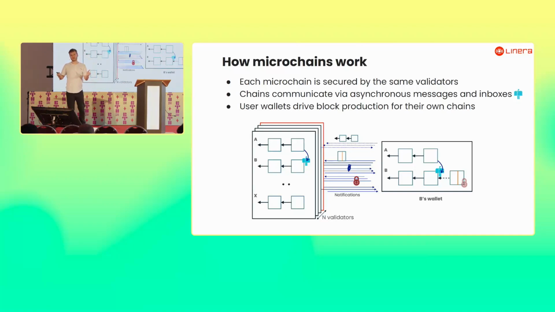Please validate this block and give me back a signature. And so in the simplest cases, you only need to do that. Once you get a quorum, that's it. Your block is final, and you can just broadcast it back to the validators. And then the validators are going to execute your block. And then they can notify other users if they receive a message, for instance, that has been just triggered by this block.